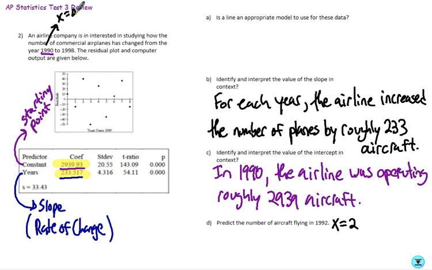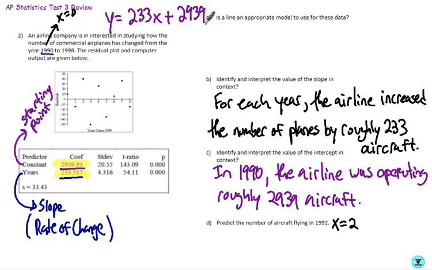Thanks, Mr. Wolf. And so what we're going to do is take the equation. I haven't really written the equation yet, right? But let's take the information here. So really it ends up being y equals your slope, 233 x, which would be number of years, plus where we started off at, 2,939, right? All right, so let's plug that in.